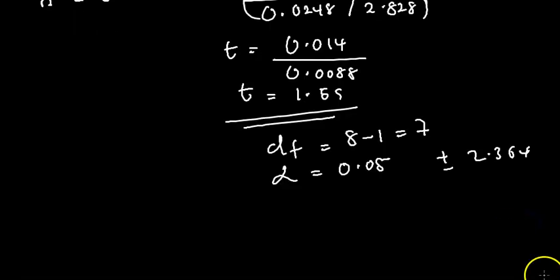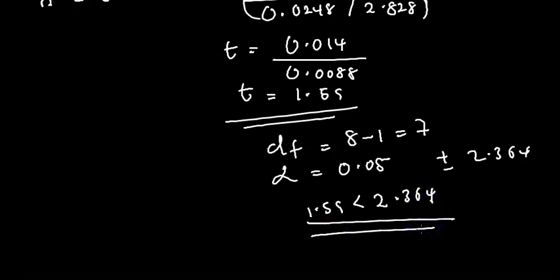In this case, we can conclude that since 1.59 is less than 2.364, the mean value for alloy 2 does not differ significantly from the certified value.